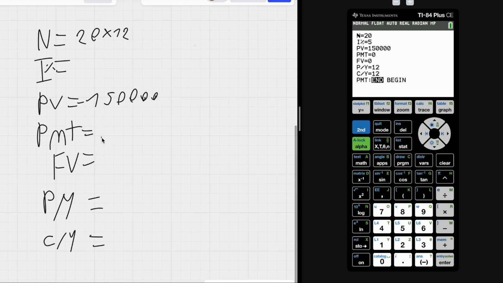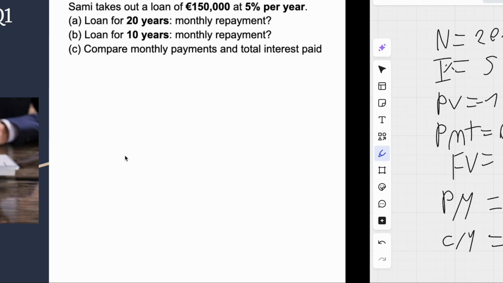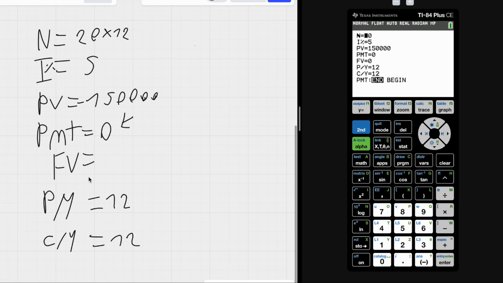The PMT is the value that we are finding. The interest rate is 5% per year, and the payments per year are 12, so the compound per year is 12. The future value is going to be 0 because he's paying this. So after putting this, I forgot to multiply here times 12.